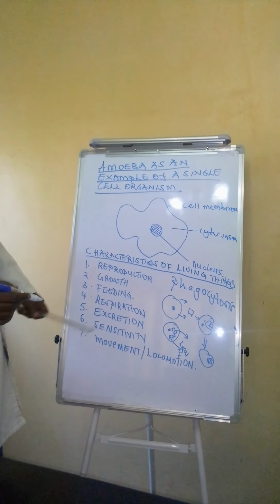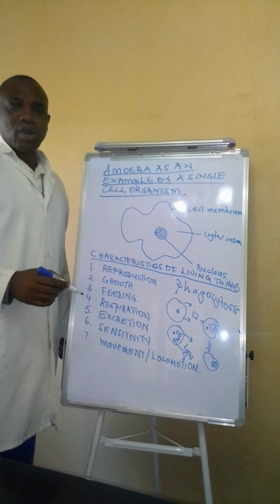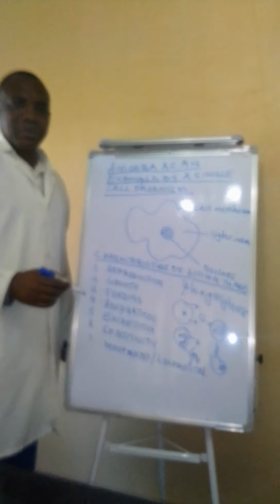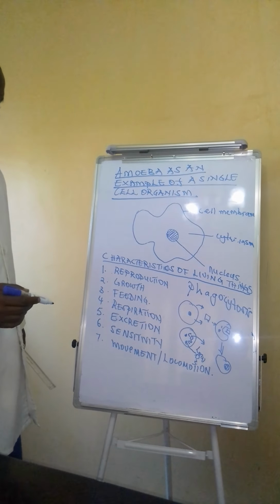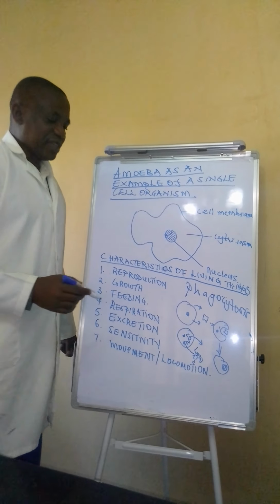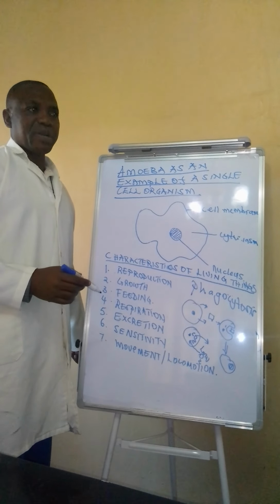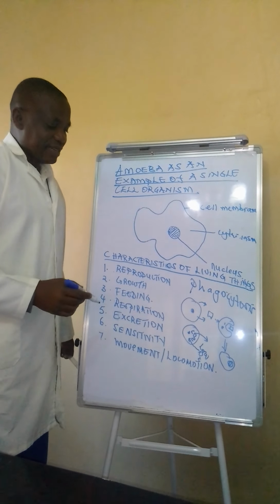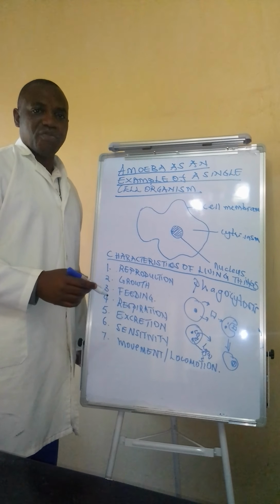Then sensitivity. We said that sensitivity is the ability for an organism to respond to the outside environment. So how does an amoeba do that? Amoeba is sensitive and it can respond. For example, it can be sensitive to light. And if there's too much light, maybe it can move away from light. The way it does that is by a wave of cytoplasmic movement.